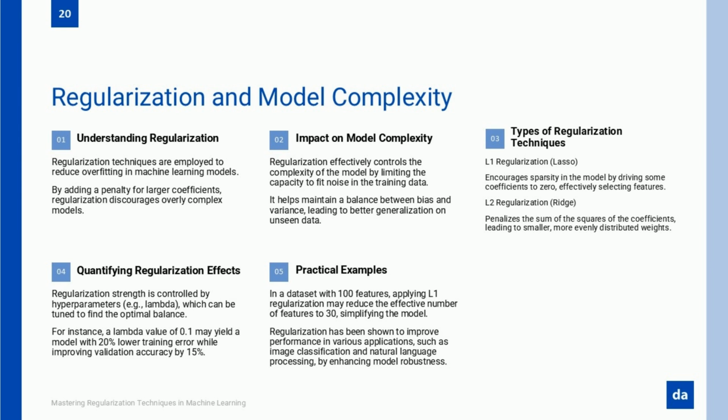Regularization methods for tree-based models include pruning, removing unnecessary branches that don't contribute much value, max depth restriction, limiting how deep the trees can go, and minimum samples per leaf, ensuring each decision split is based on enough data points to be meaningful.